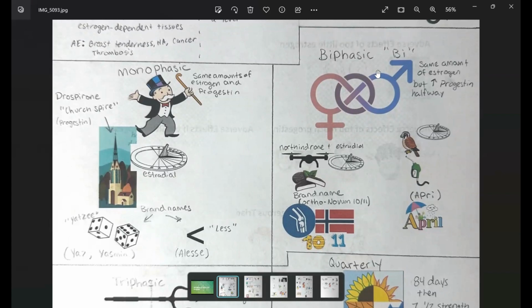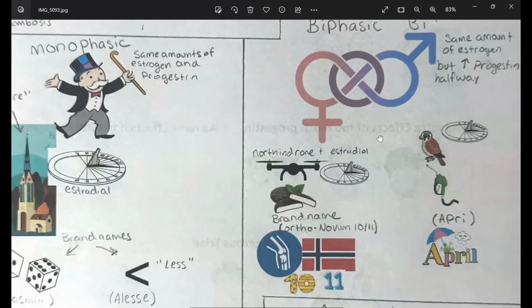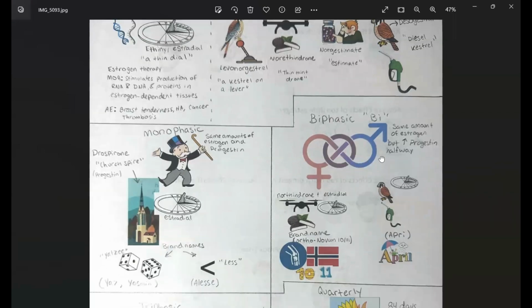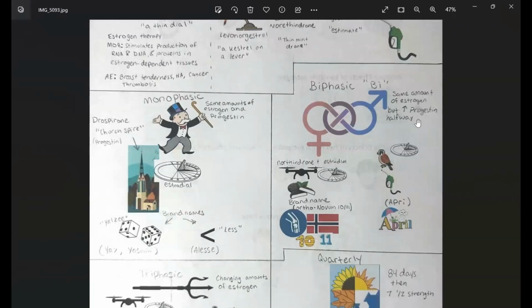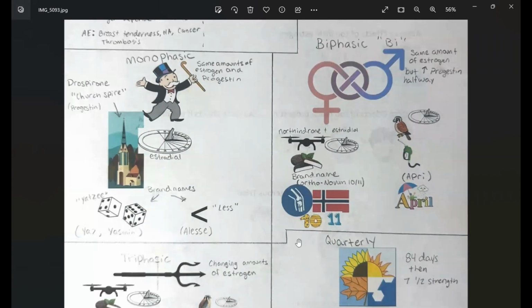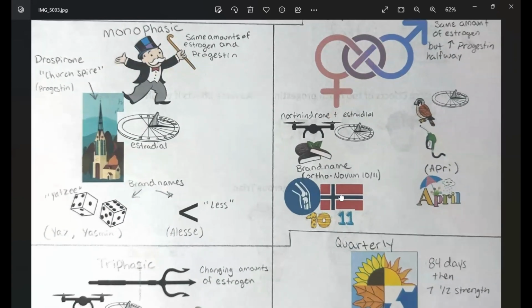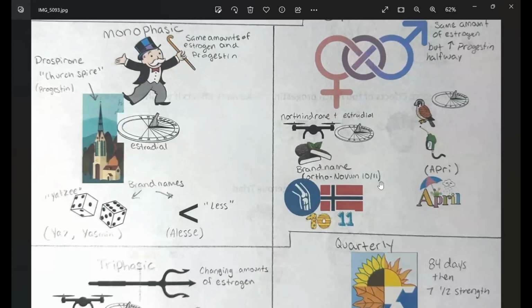Then we have biphasic. To help you remember that, I have like bisexual, so biphasic. These have the same amount of estrogen throughout the cycle, but it increases in progestin as you go throughout the month. The brand names here are Ortho-Novum 10/11. That is a combination of norethindrone and estradiol.